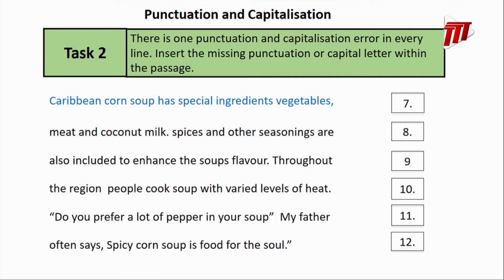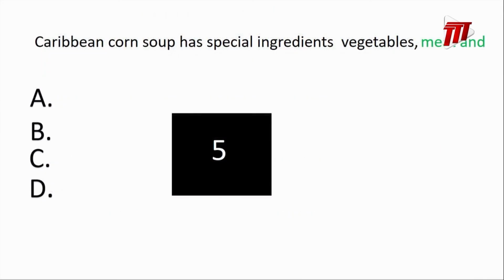We had to pause after ingredients because afterwards the list of ingredients for the soup was given to us: vegetables, meat, and coconut milk. So what was missing? Something is missing there. We figured that one out already, but what's missing?